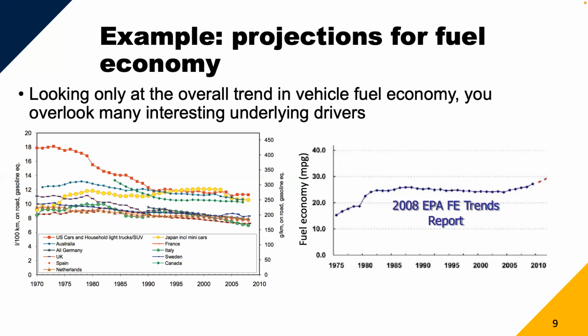And so there wasn't much improvement happening in fuel efficiency technologies, or so you would think. Okay, and so this is one of the things that might be easily overlooked in a top-down view at a technology-specific level.